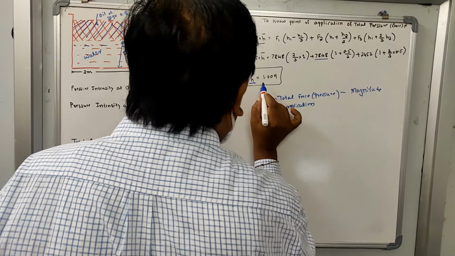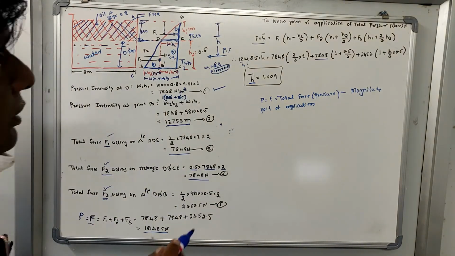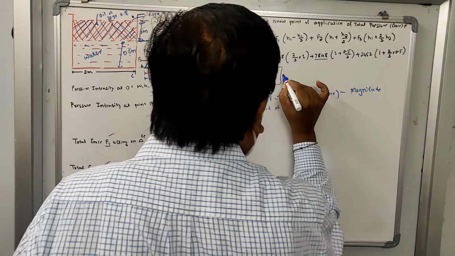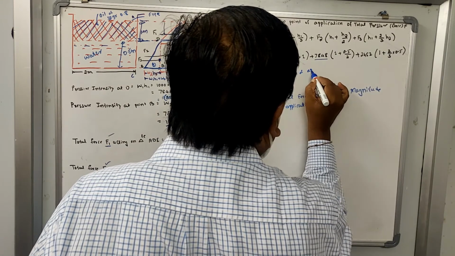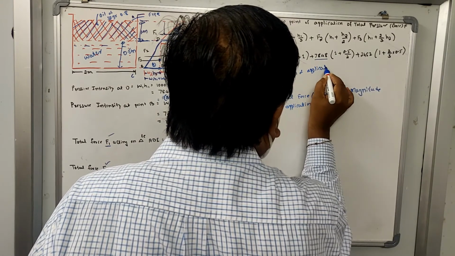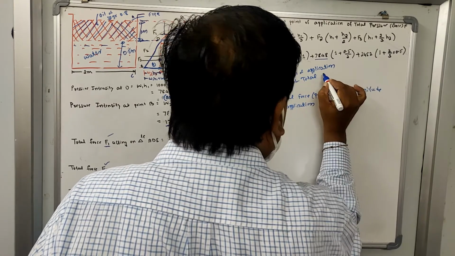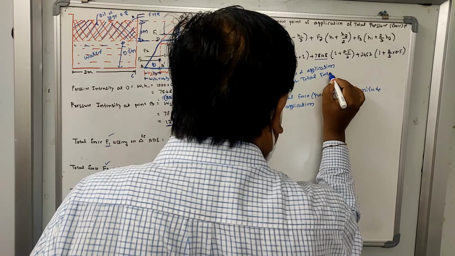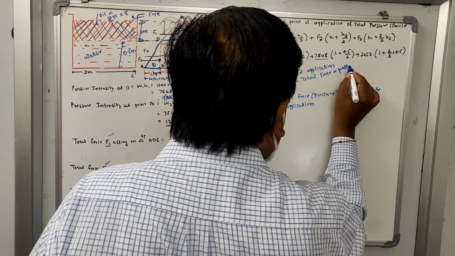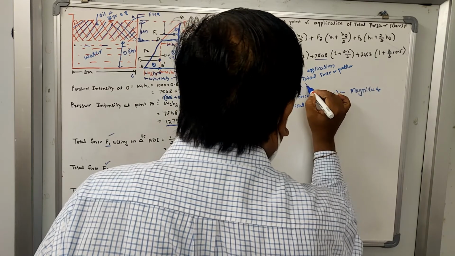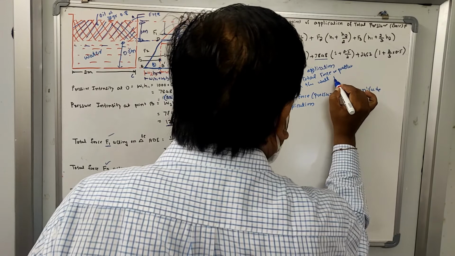So h bar is what? It is the point of application of the total force or pressure on the wall AC.